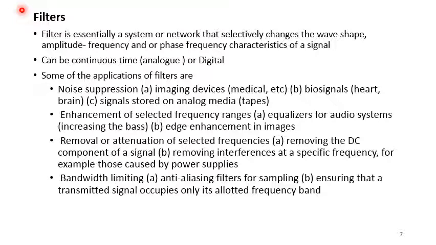And we also can have applications such as bandwidth limiting. I think we have just discussed this topic while we were doing the sampling of continuous time signals. So we use an anti-aliasing filter for sampling.